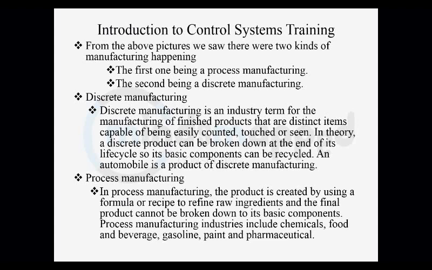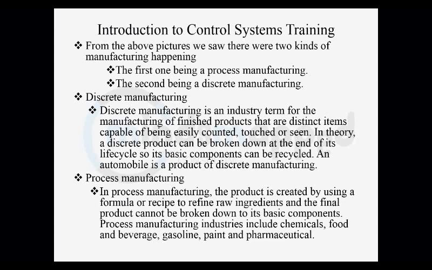But let's say if you take an example of a process industry, you are producing, let's say, sugar from sugar cane. You can't break down sugar again once you have obtained sugar from that sugar cane. After following the process, you can't break down sugar to obtain sugar cane again, right?